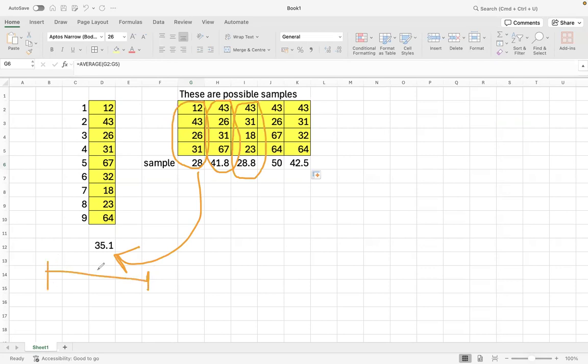We shoot to this value with a certain confidence interval.